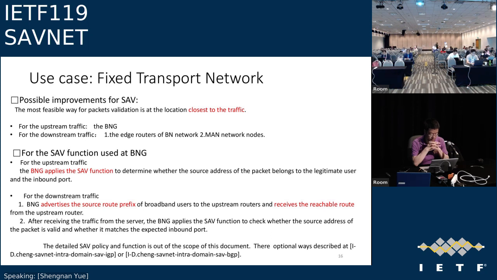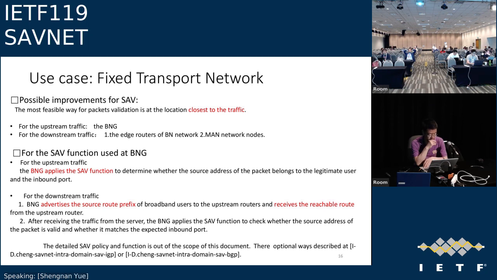upstream traffic, the BNG applies the SAV function to determine whether the source address of the packet belongs to the legitimate user and inbound port. And for the downstream traffic, the BNG first advertises the source route prefix of the broadband user to the upstream routers and receives the reachable route from the upstream router.